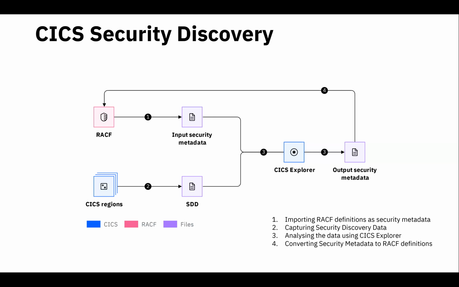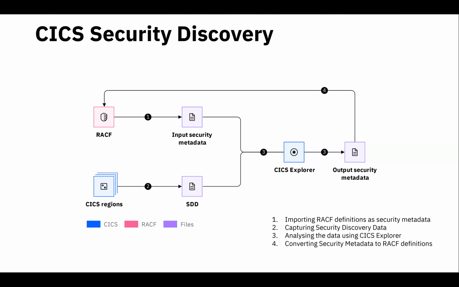That data is then fed into a new editor in the CICS Explorer, which the system programmer uses in conjunction with application owners to analyze this data. And a lot of this analysis, as I'll show you, is done by us so as to give you suggestions of what the security should be.